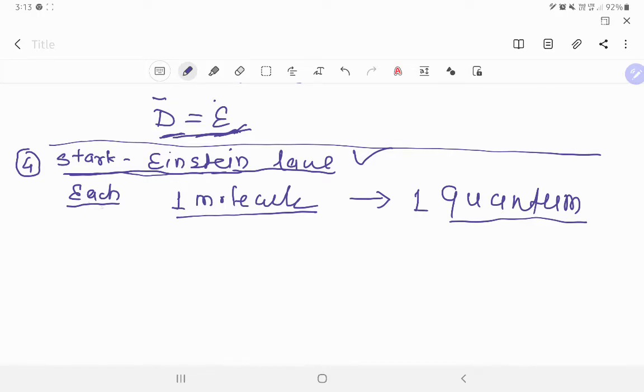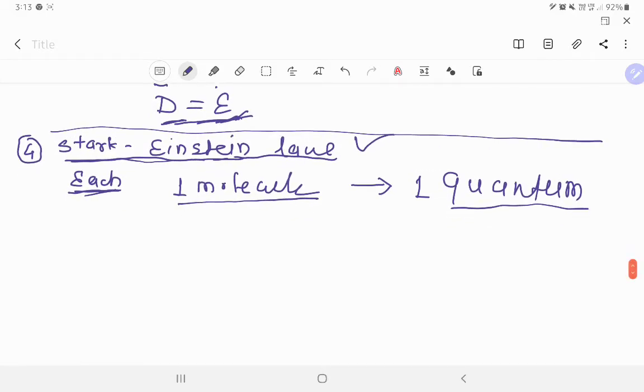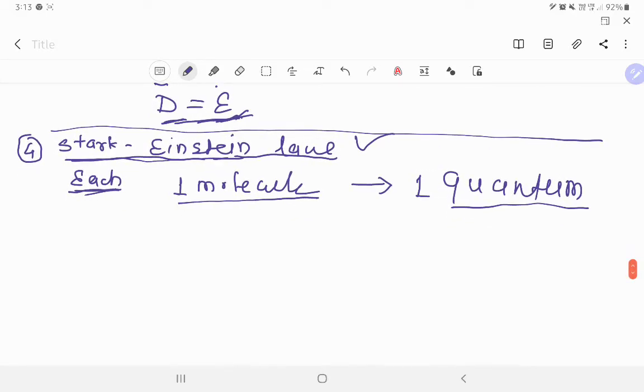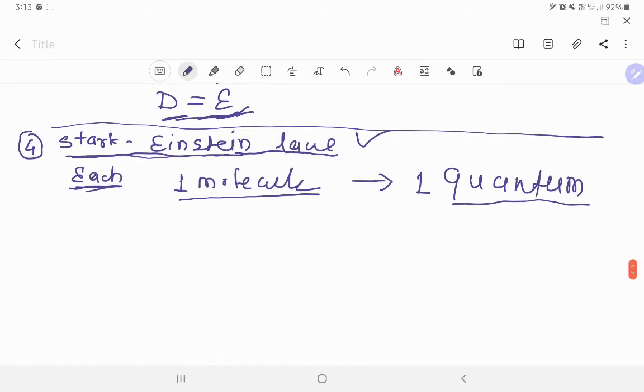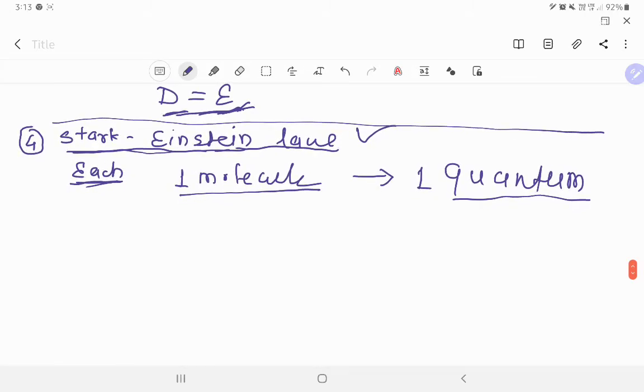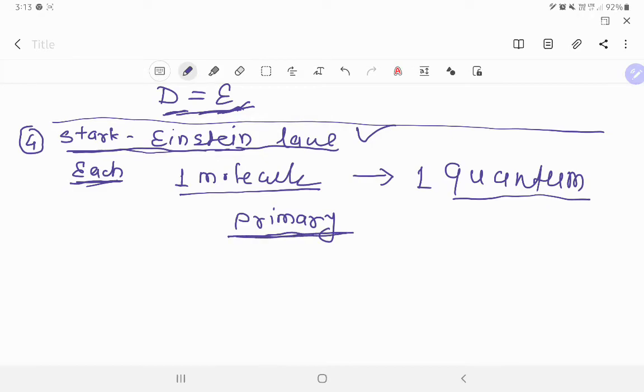The actual statement: each molecule absorbs a single photon or quantum of light in the photochemical primary process. Initial stage, primary process. Whatever may be the next reaction, in the photochemical primary process, one molecule absorbs one quantum or photon of radiation.